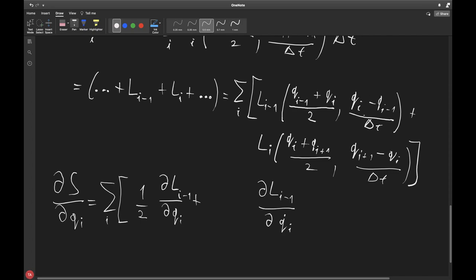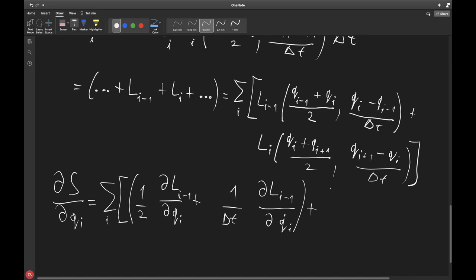So when we do the derivative by q_i, again, we see that there is a part which goes with i minus 1, so its derivative by q_i is going to be 0. But there is a q_i term here in front of which there is 1 over delta t. So here I have a 1 over delta t coming from inside of this using the chain rule derivation. So this was the L_{i-1}.